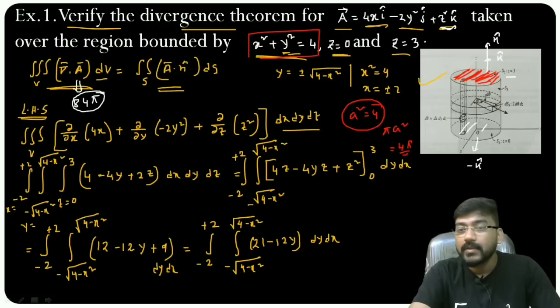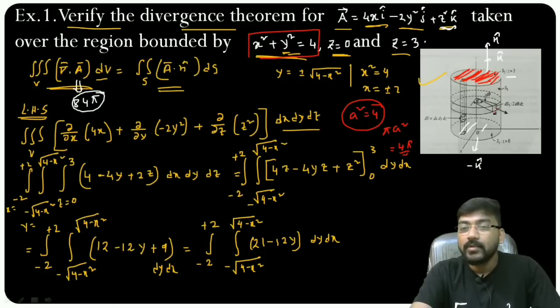So this is the radius, and this radius is 2, and this angle theta is the angle with the x-axis. Then between theta and theta plus d theta we have this rectangle. So for this rectangle, what will be its area? The area of this rectangle is actually ds3.